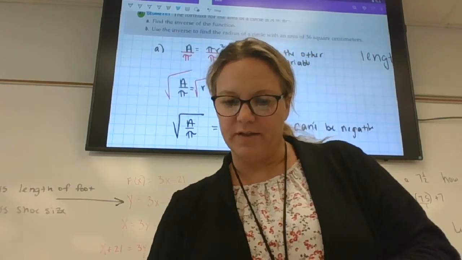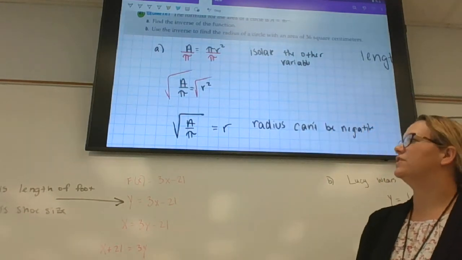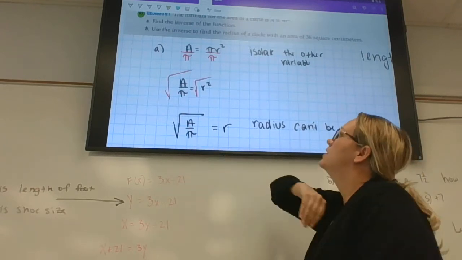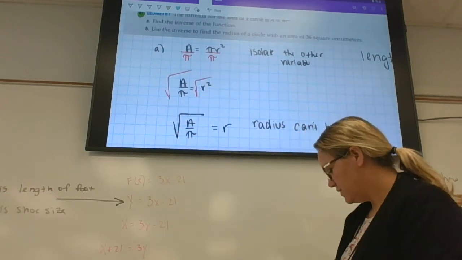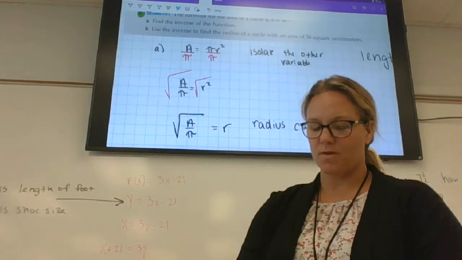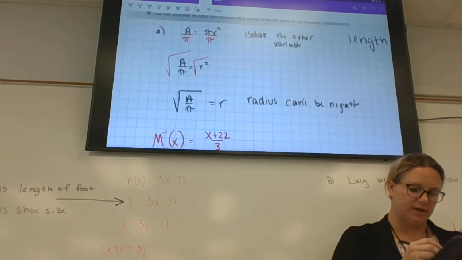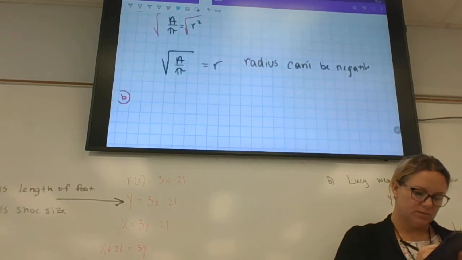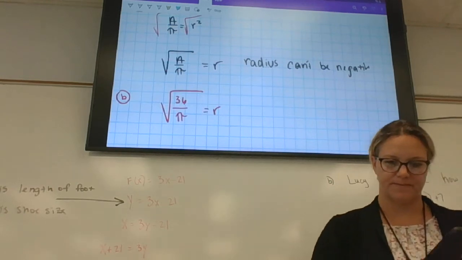Use the inverse to find the radius of a circle with an area of 36. So if you're given area, this equation is more helpful. If you're given radius, the starting equation was more helpful. So we'll use our answer from letter A and plug in 36 for the area. Let's go ahead and write this as a decimal.